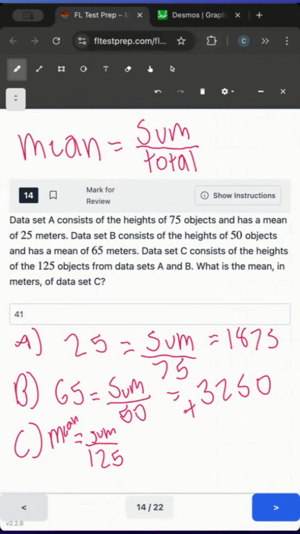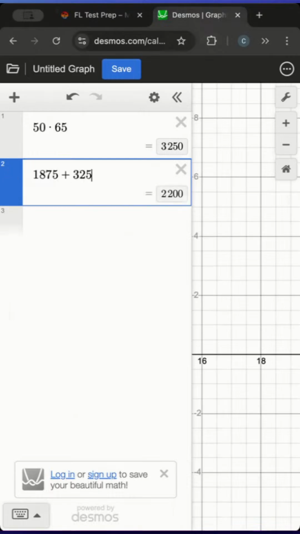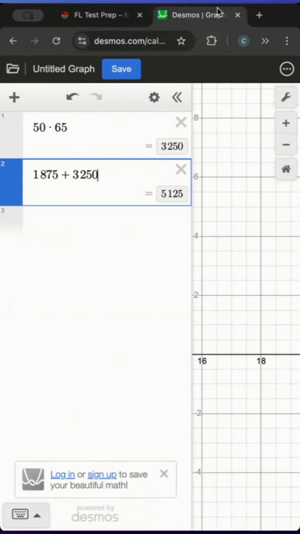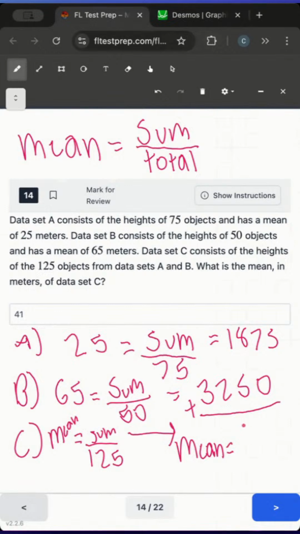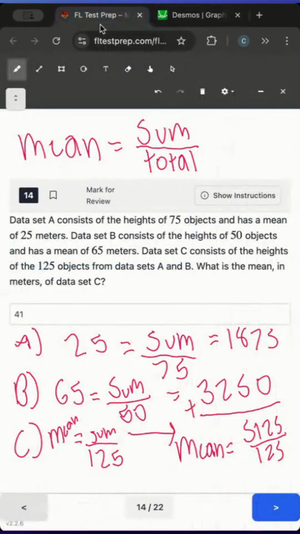If I add these together, I find the sum of C. So 1875 plus 3250 is going to be 5,125. So we know the mean is going to be equal to 5,125 over 125. If I just do that, I can find the answer to this question. So the correct answer for this question is 41.